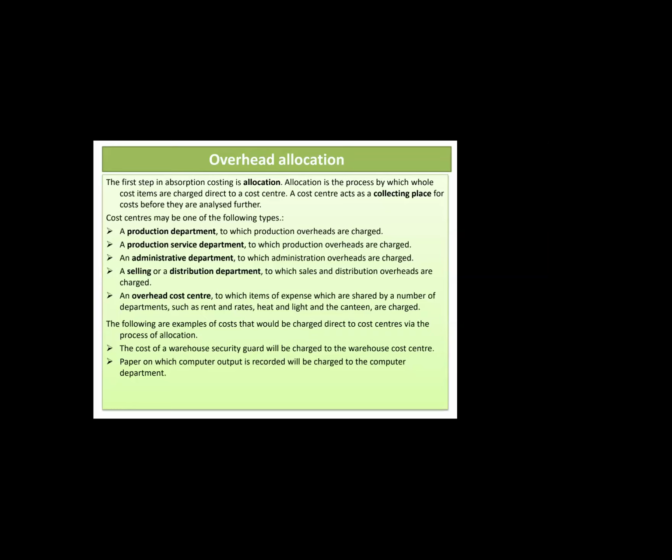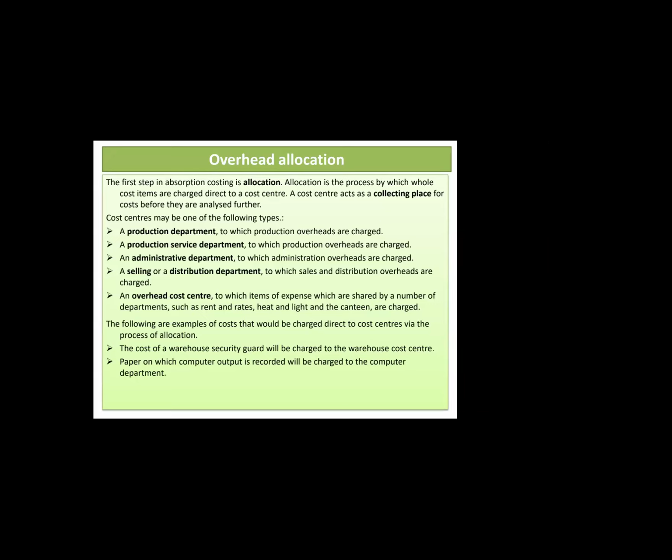An overhead cost center is one to which items of expense which are shared by a number of departments, such as rent, rates, heat and light and canteen, are charged. These types of overheads, rent, rates, salary, heating, lighting, have to be allocated over the divisions of the organization.